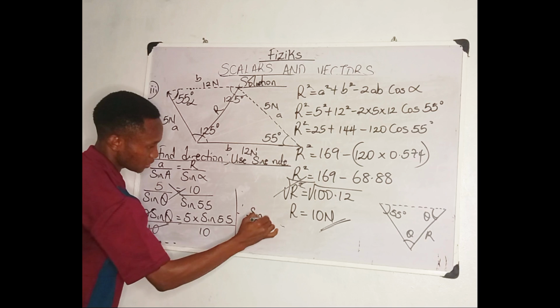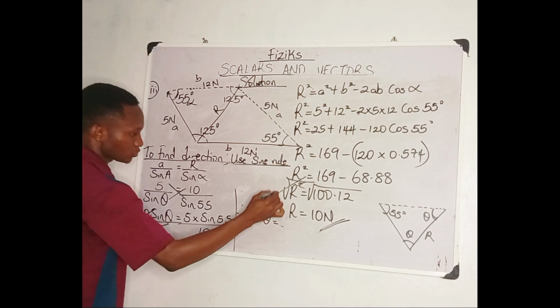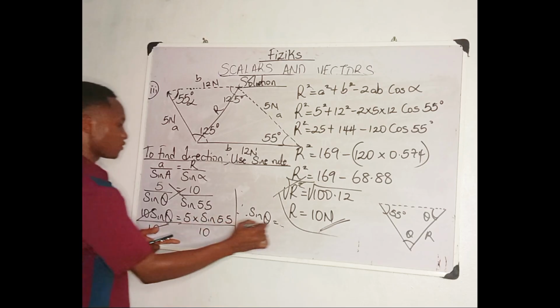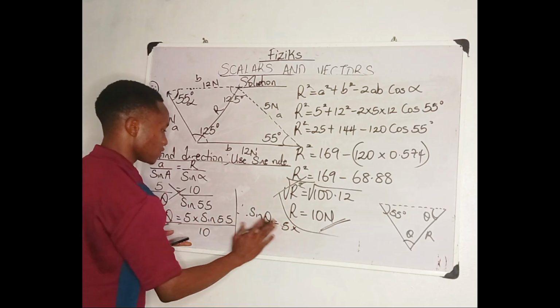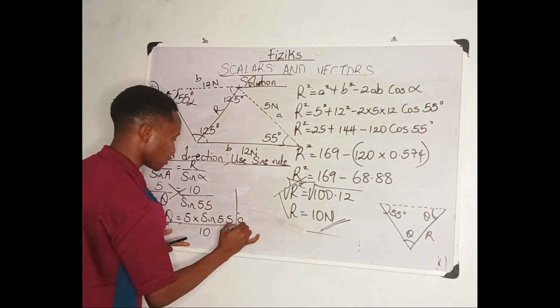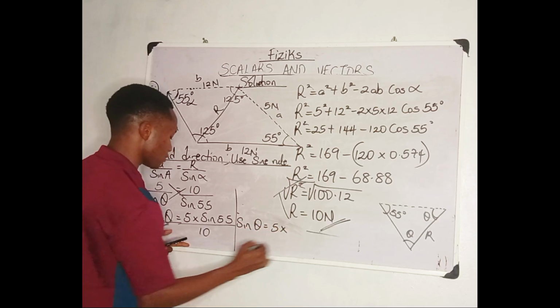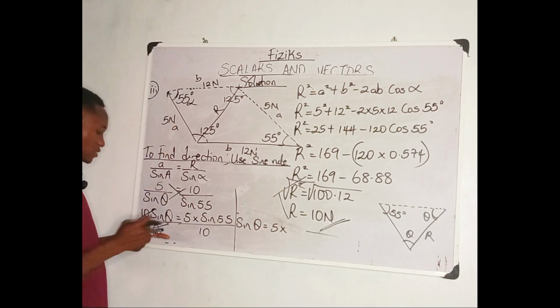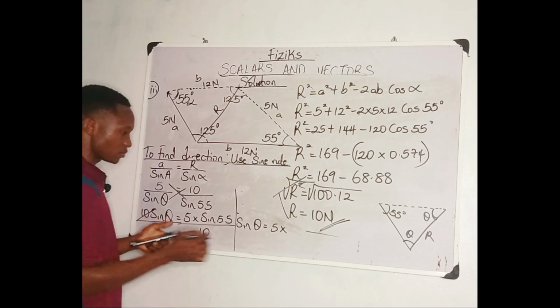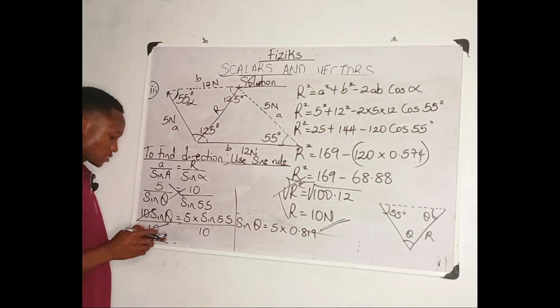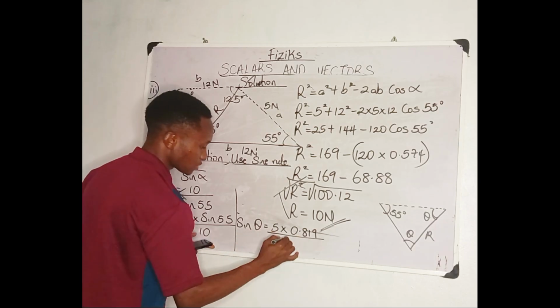Therefore, sine theta is equal to 5 times sine 55 over 10. Let's see what sine 55 is. Sine 55 will actually be giving me 0.819. Yes, 0.819 over 10.